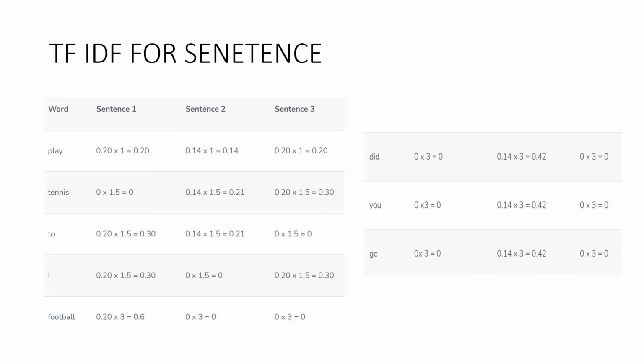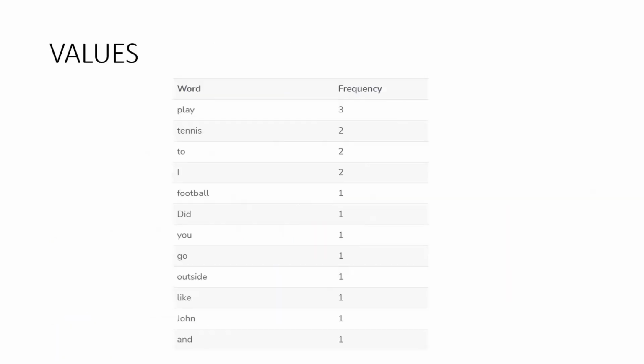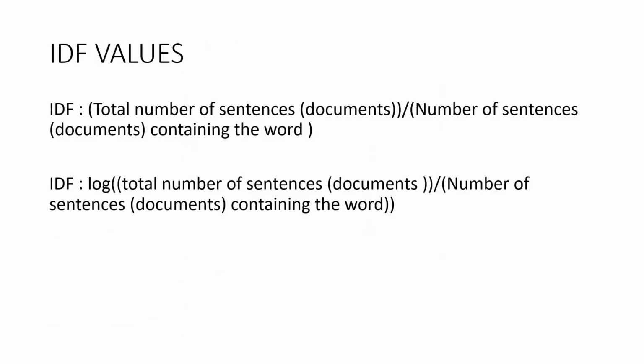It is important to mention that to mitigate the effect of very rare and very common words on the corpus, the log of the IDF values can be calculated before multiplying it with the TF value. In such a case, the formula for IDF will be: IDF is log of the total number of sentences, that is documents, divided by the number of sentences, that is documents, containing the word.